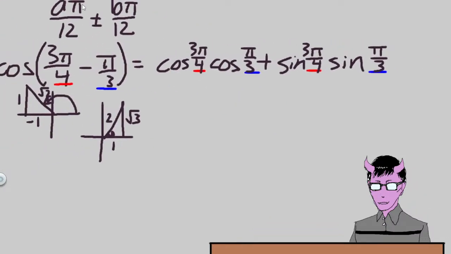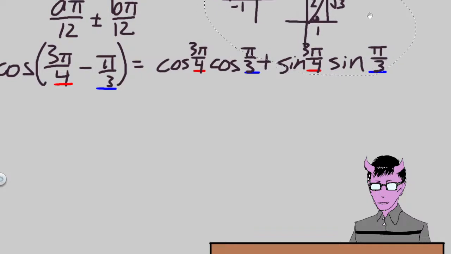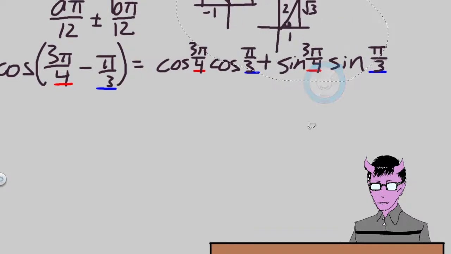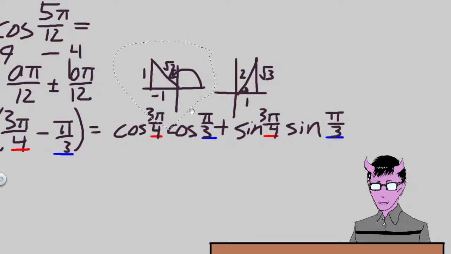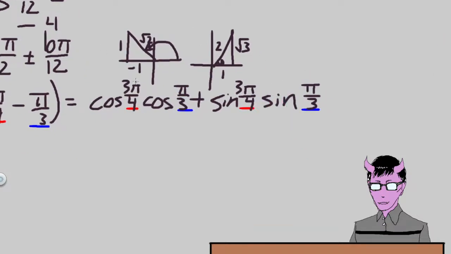Now let's just reference the right reference triangles. So let me move things over right here. Oh, that's small. Hold on. Yeah, all right. So 2 reference triangles are right there for our reference.